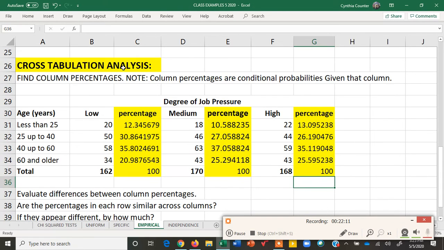So in cross-tabulation analysis, we want to find the column percentages, and then we want to compare them across the rows to see if they look similar or not.